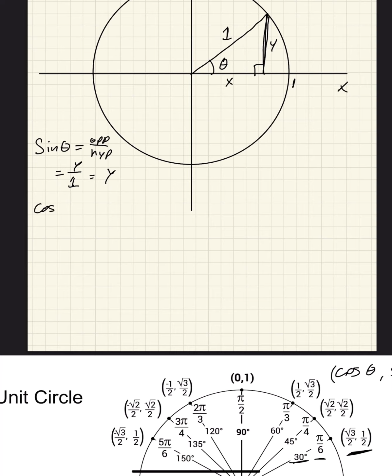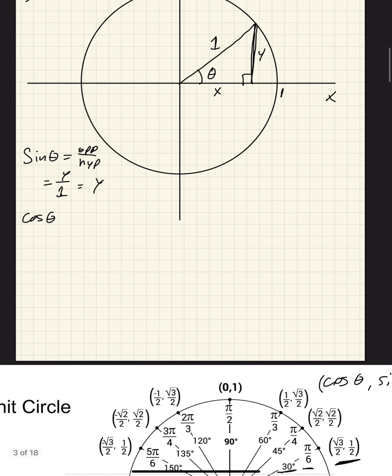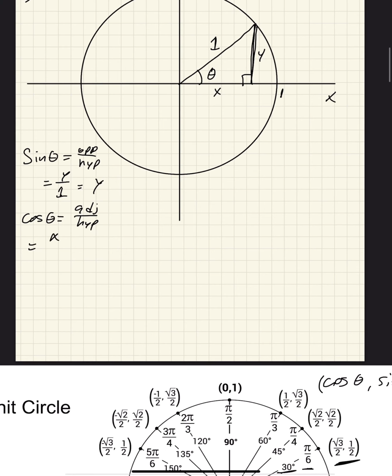Now cosine theta, similarly, is going to equal adjacent over hypotenuse. And in this case, our adjacent side is x, and our hypotenuse is 1. So cosine theta is going to just equal the width of our triangle.